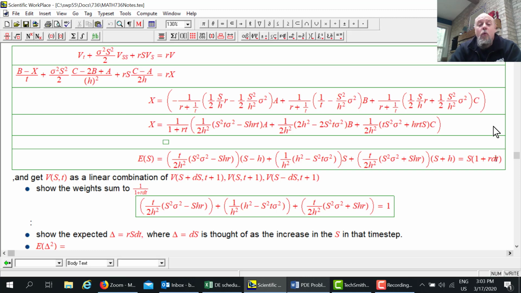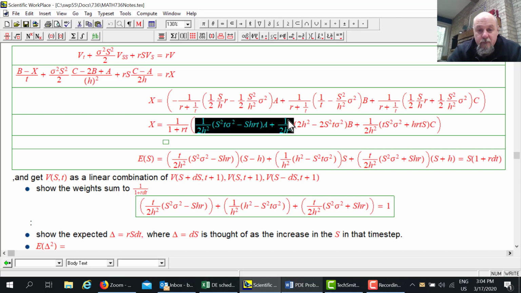Let's show then that the weights, now these are our weights, and we're saying they're like probabilities, sum to 1 over 1 plus R dt. Basically then I'm taking this equation and getting rid of all the A, B and C ones.